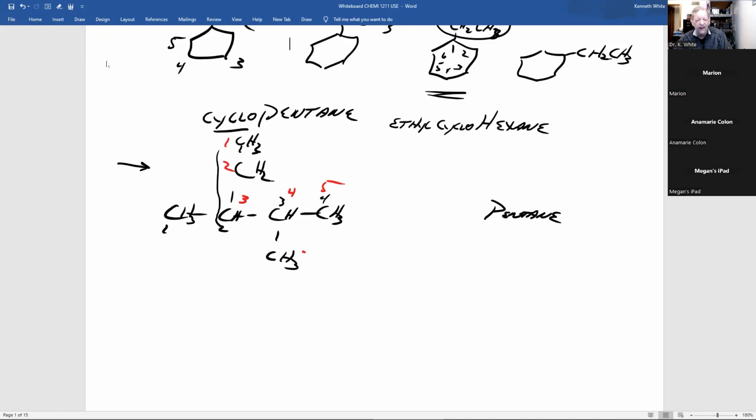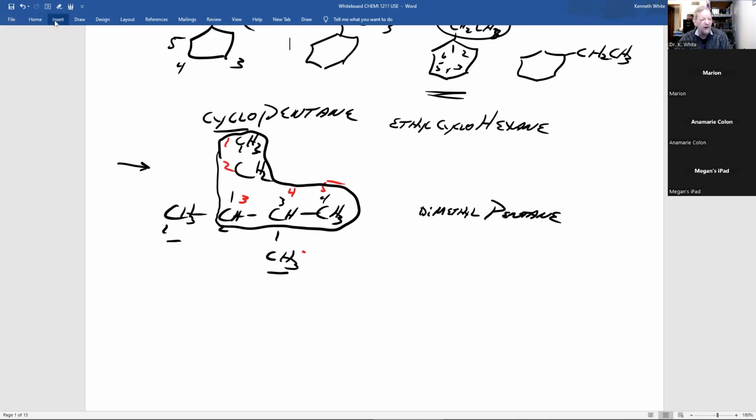And that's this chain right here. And then we have not one, but 2 CH3 groups. CH3 is methyl. When there are 2, we use the prefix di, dimethyl.